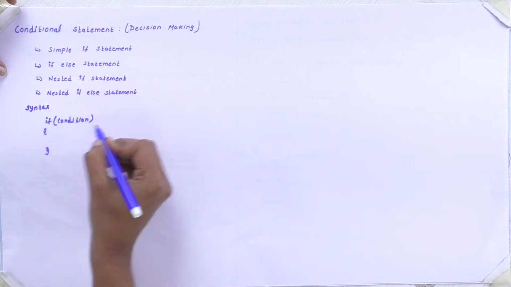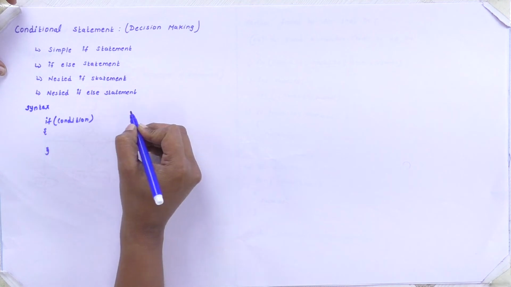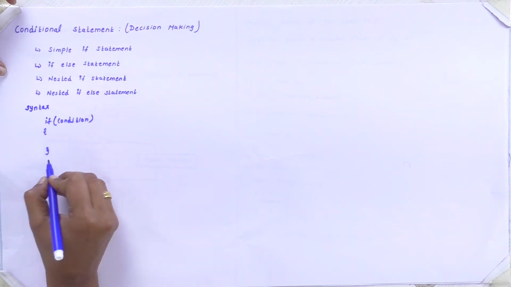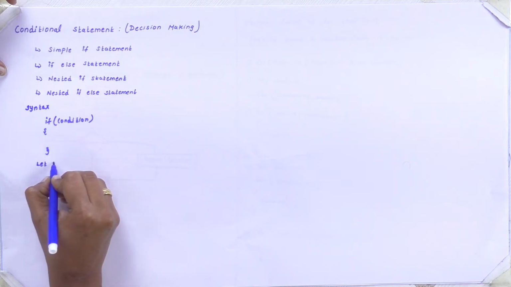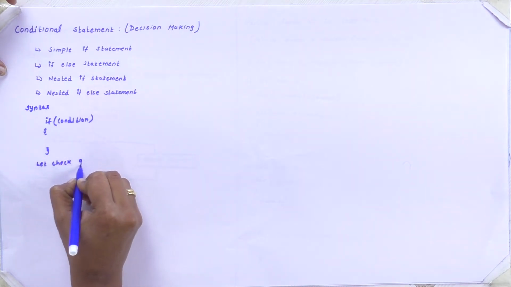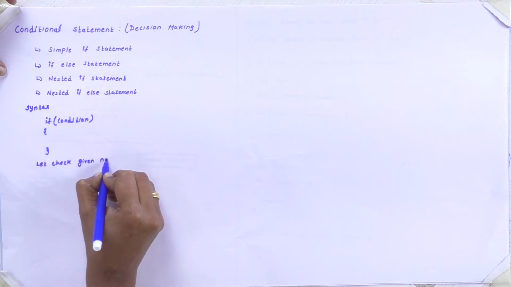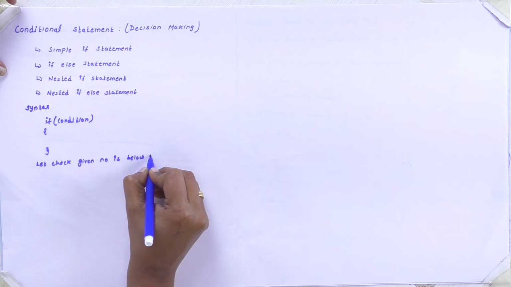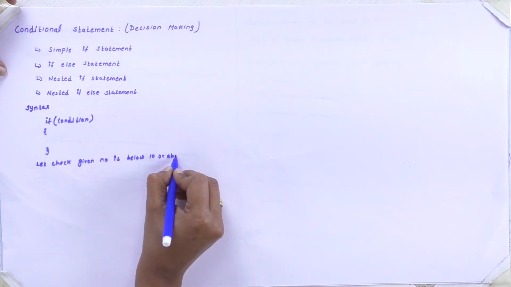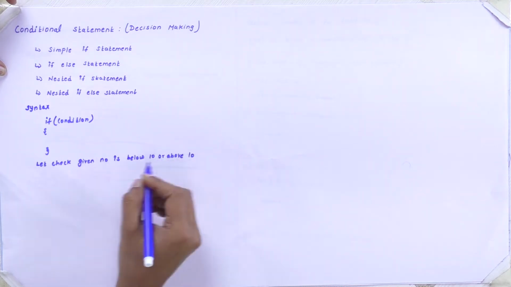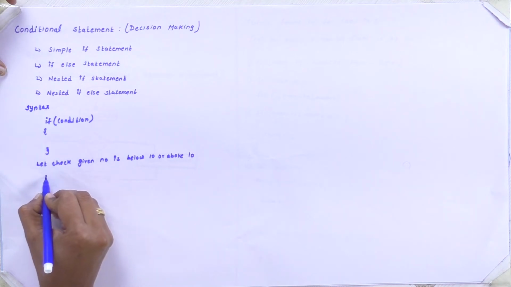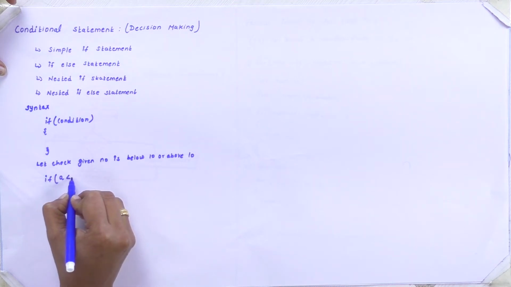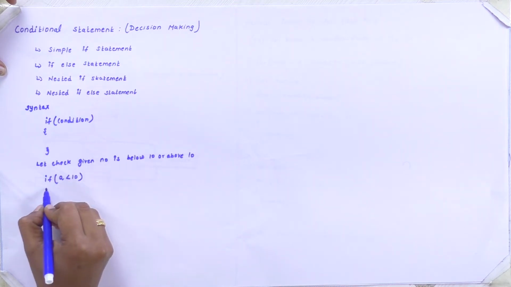For example, let's check whether the given number is below 10 or above 10. So we are going to find this. For that we are going to write an if condition: if a less than 10.